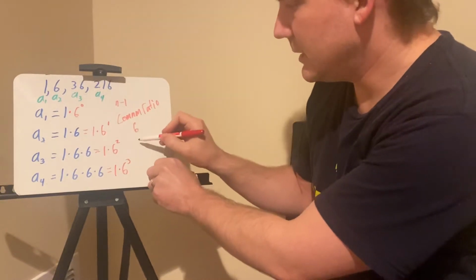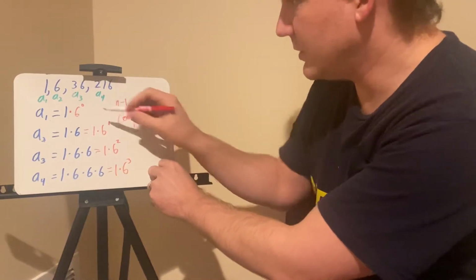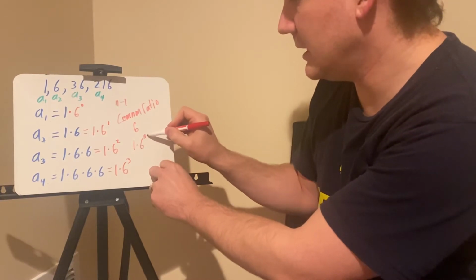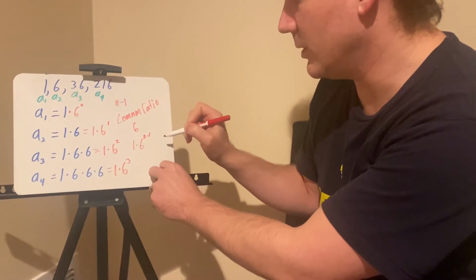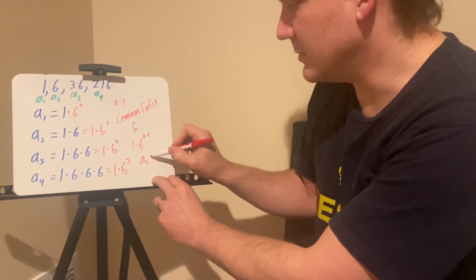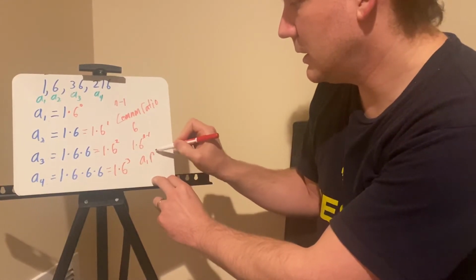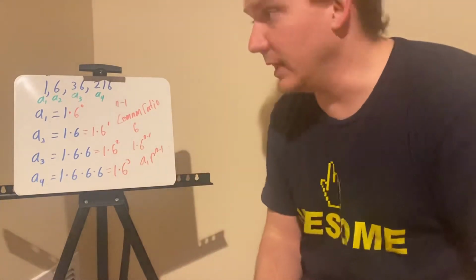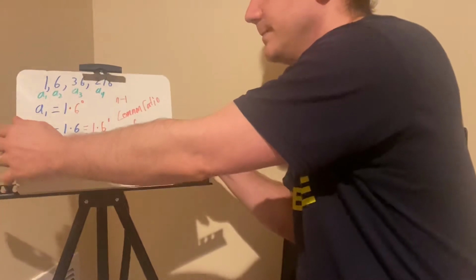So we do a sub 1, which is going to be 1, times 6 to the n minus 1 power. Or you could say a sub 1 times r to the n minus 1. And that's the more generic way to write a geometric sequence.